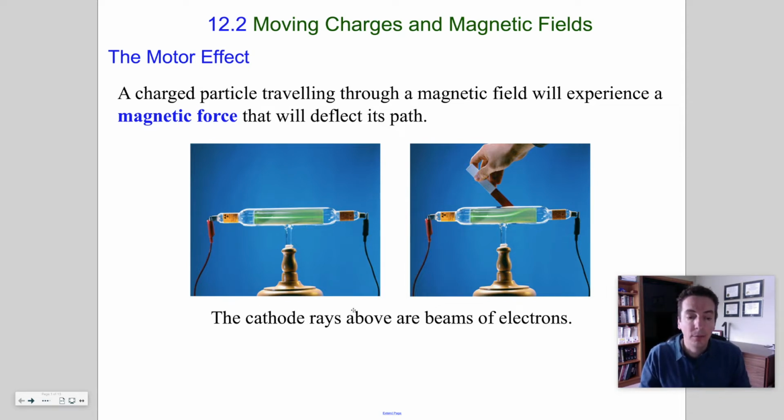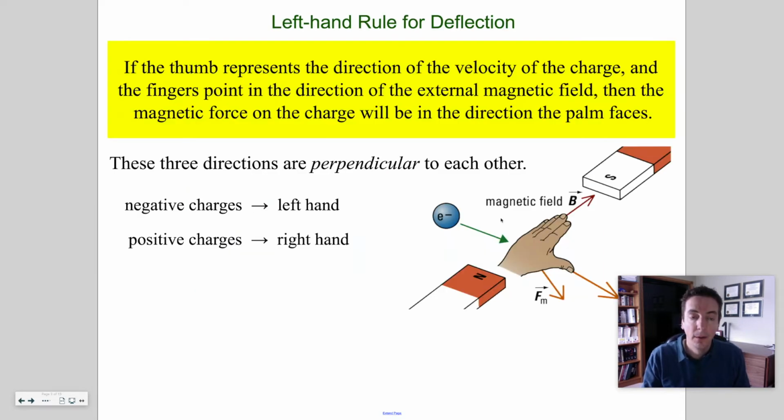They were named before it was understood what they were, because they look like some kind of light or electromagnetic radiation coming from the cathodes, hence the term cathode ray. But literally what they are is just a beam of electrons. There's a picture of a bar magnet held by the cathode ray tube, and it shows that the path of electrons is changed by the presence of the magnet.